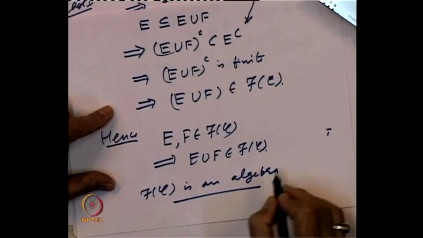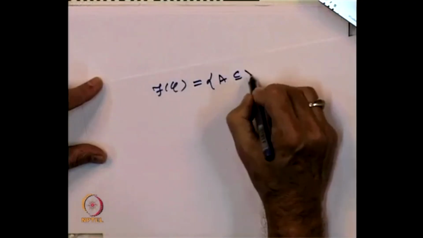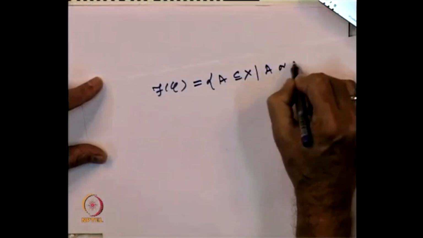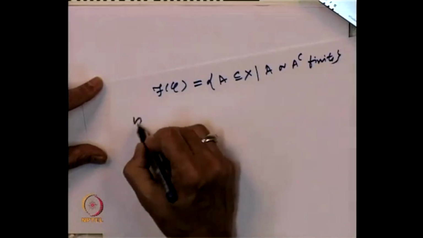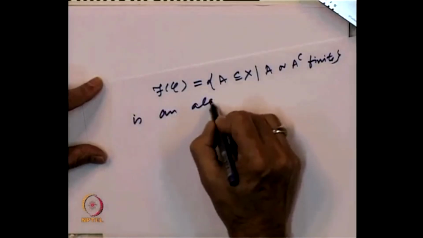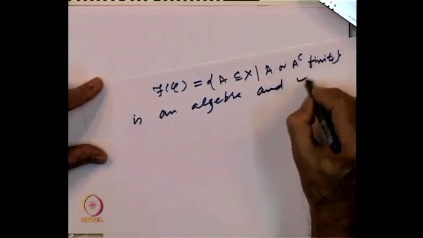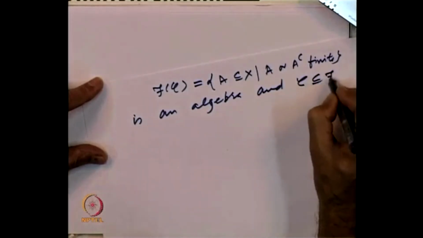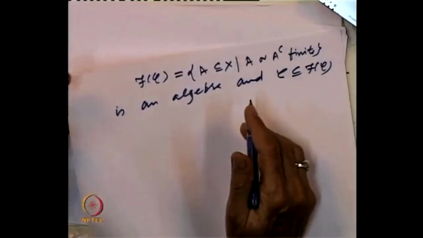So f of C, which was defined as all sets A contained in X such that A or A complement is finite, is an algebra, and C is contained in f of C. Is it clear why C is contained in f of C?